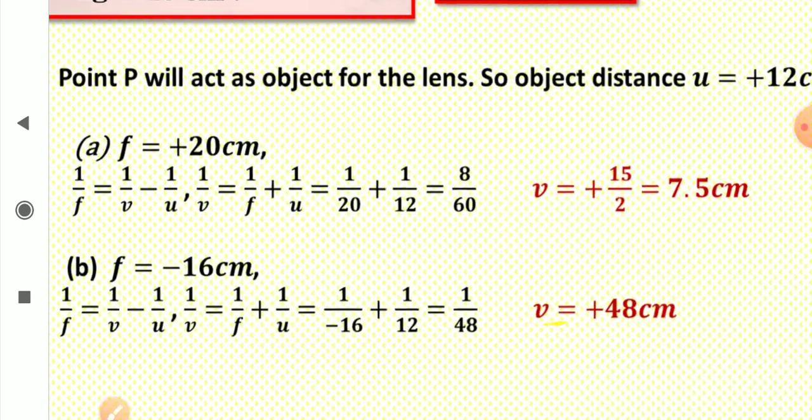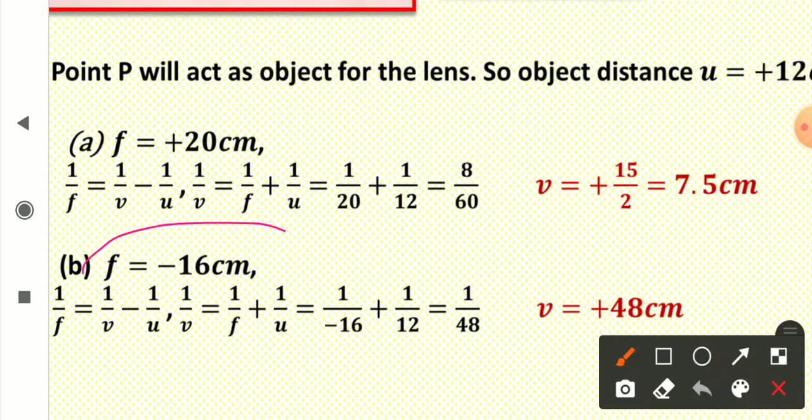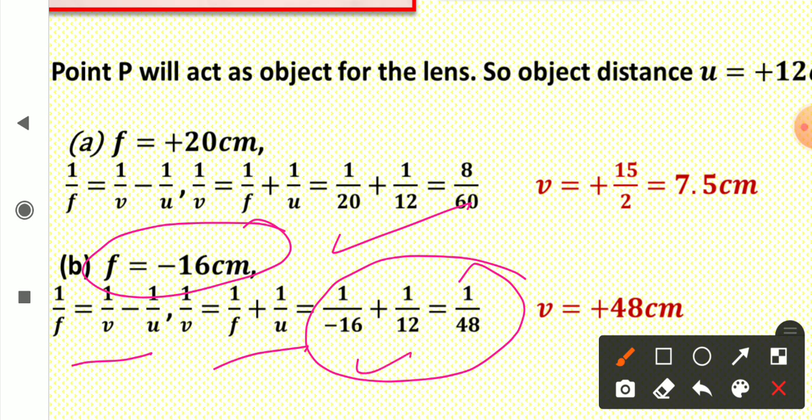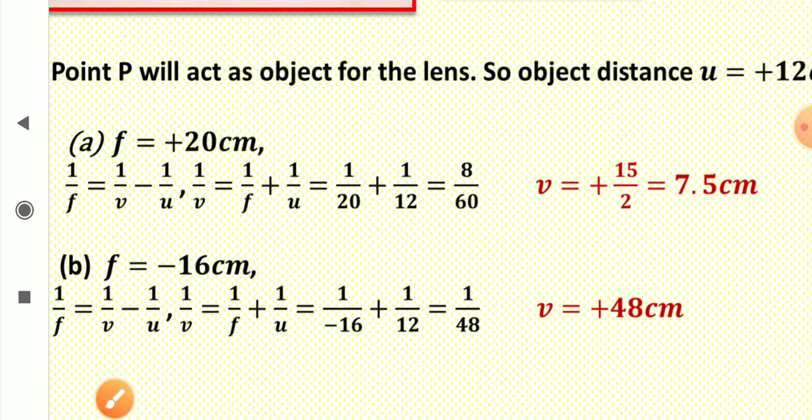So here the focal length is minus 16 centimeter and using the same lens formula, put the value of f and u, you get 1 upon 48 and v is equal to plus 48 centimeter.